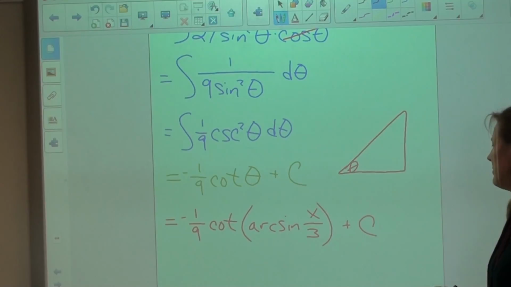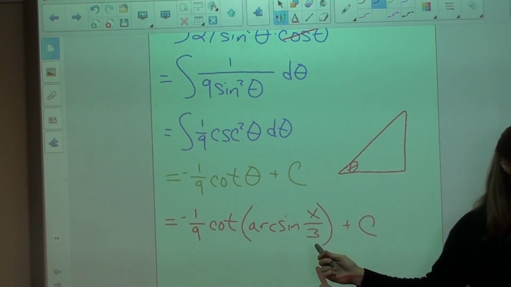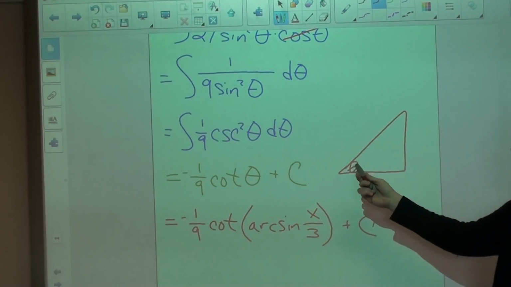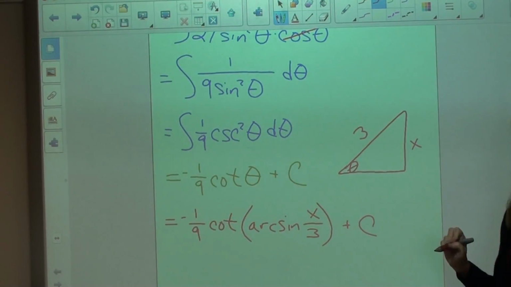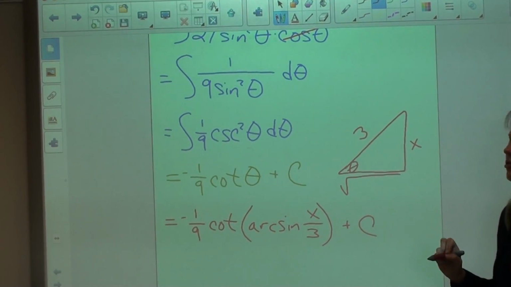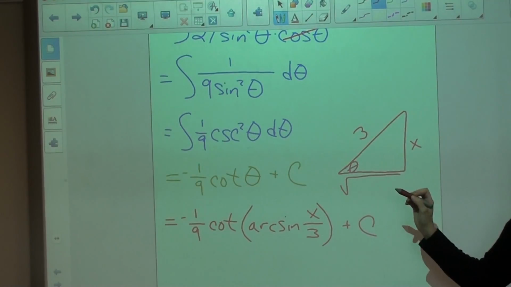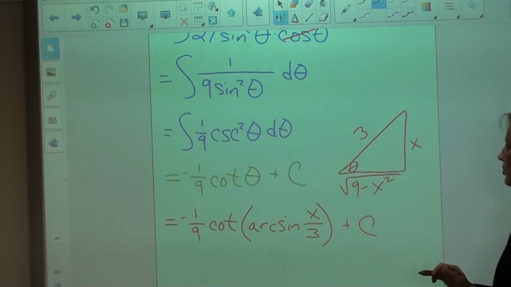Label an angle theta. Theta is the angle whose sine is x over 3, right? So sine is opposite over hypotenuse, so we label x over 3. Now we need this side. So Pythagoras says this side is equal to the square root of 9 minus x squared.